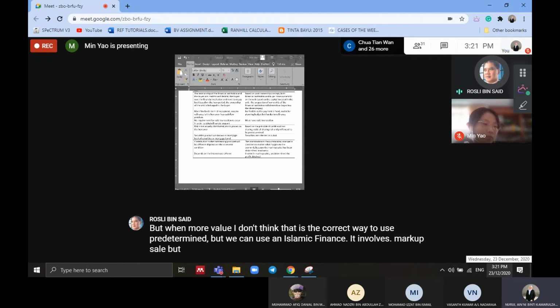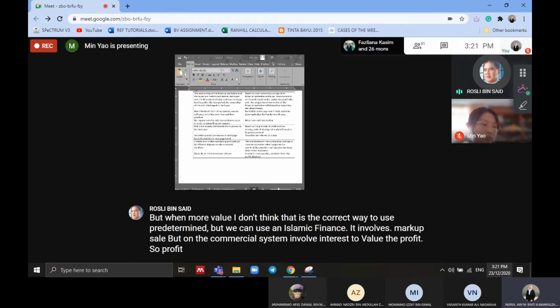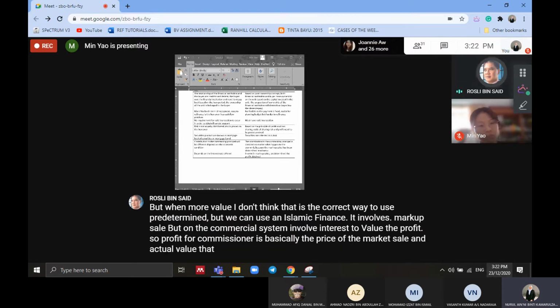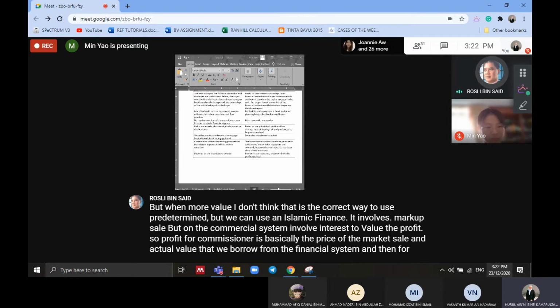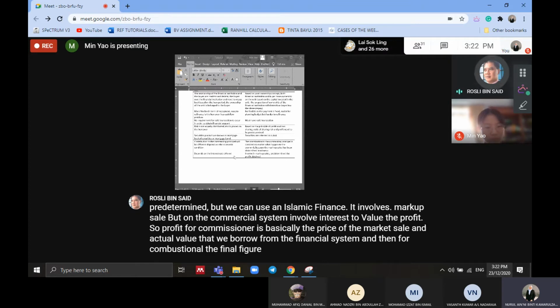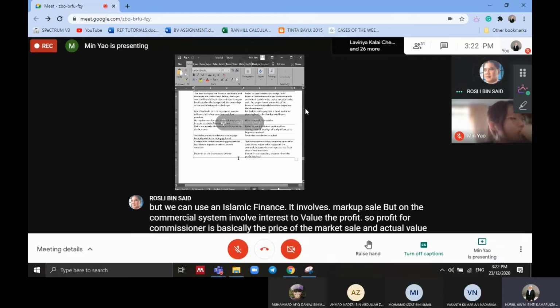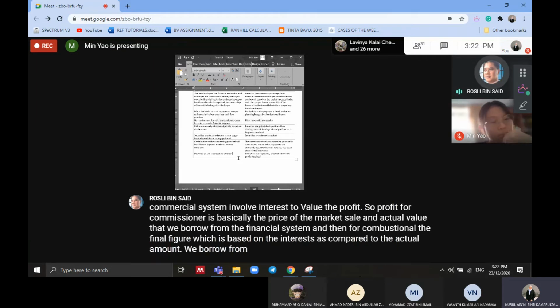Under the conventional system, it involves interest to value the profit. So profit for Islamic finance is basically the price of the markup sale compared with the actual value that we borrow from the financial institution. And for conventional, the final figure is based on the interest as compared to the actual amount we borrow from the financial institution.